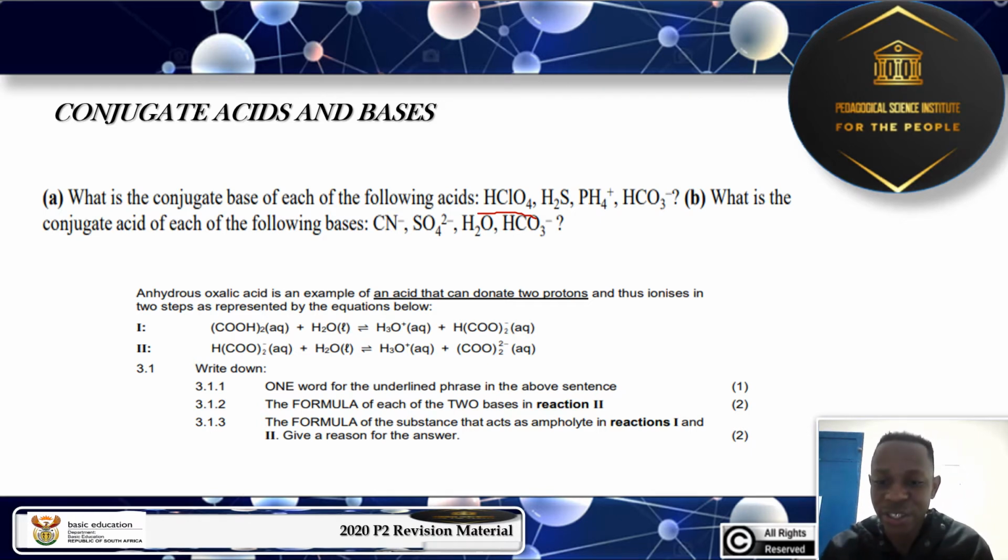Remember Bronsted-Lowry theory. He said acids do what? They donate H. So let us donate to find the conjugate base. It's HClO4. When it donates this H, what are we going to be left with?